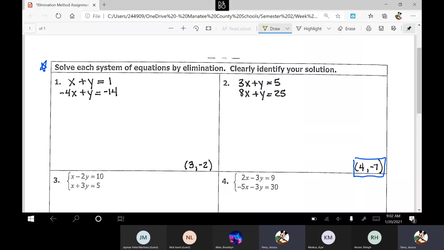Okay, so we have our positive 3x and positive 8x. Those are not opposites, so we're not going to work with those. And then looking here, we have a positive y and positive y. Again, those are also not opposites. So since they are not opposites, we're going to need to multiply one of these equations by a -1.